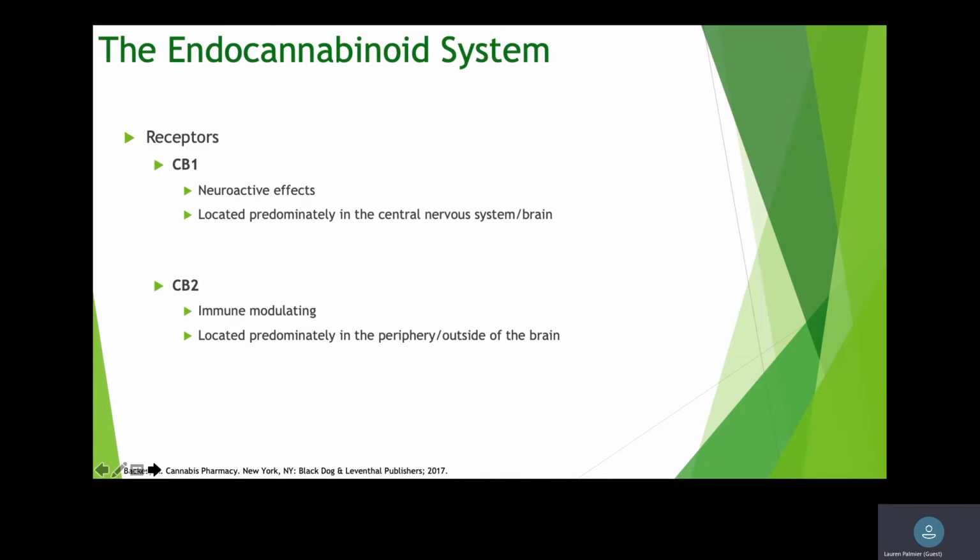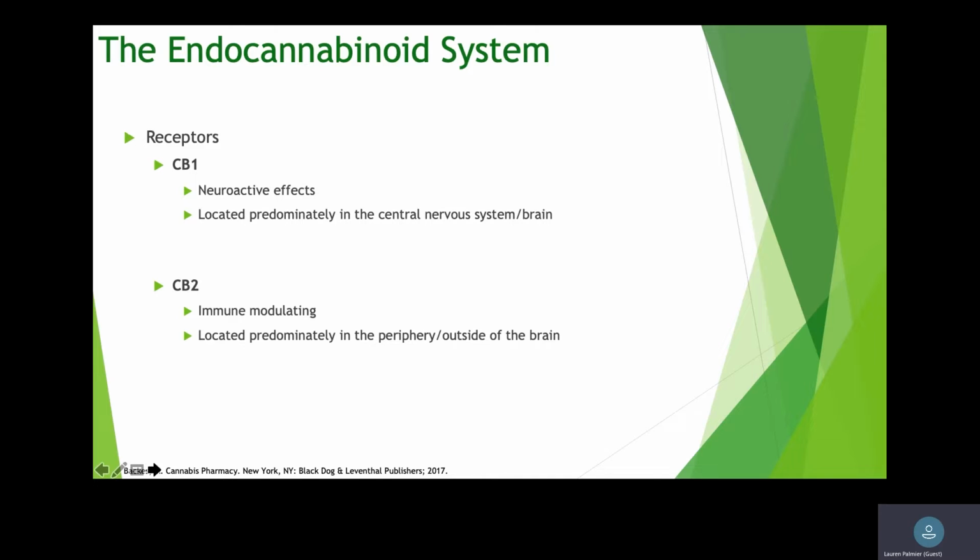So in the cannabinoid system, there are two main receptors. The endocannabinoid system is found throughout each human body. These two main receptors are known as CB1 and CB2 receptors. When cannabis is consumed, the components of cannabis, like THC or CBD, for example, bind with these receptors to create their effect.